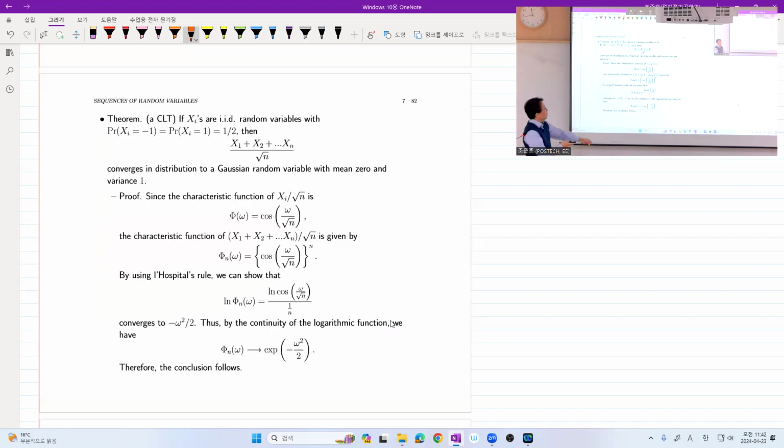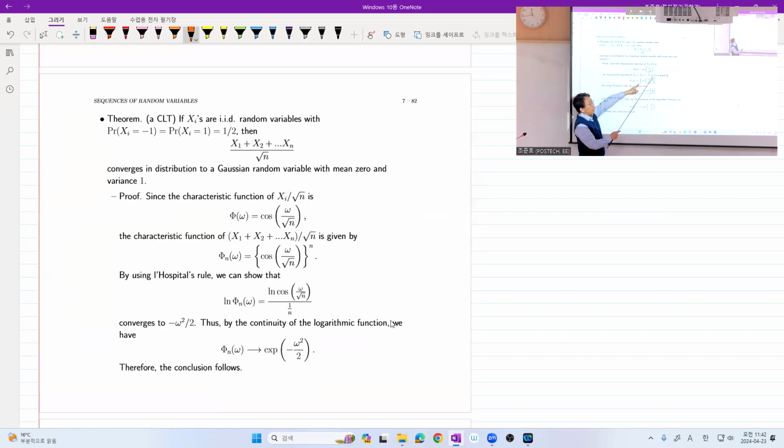Got it? And there are some tricks like this. First, you compute the characteristic function scaled by this 1 over square root n, and then you use that the sum of IID random variables results in a characteristic function that is the product of individual characteristic functions. So you have the same characteristic function raised to the power of n.